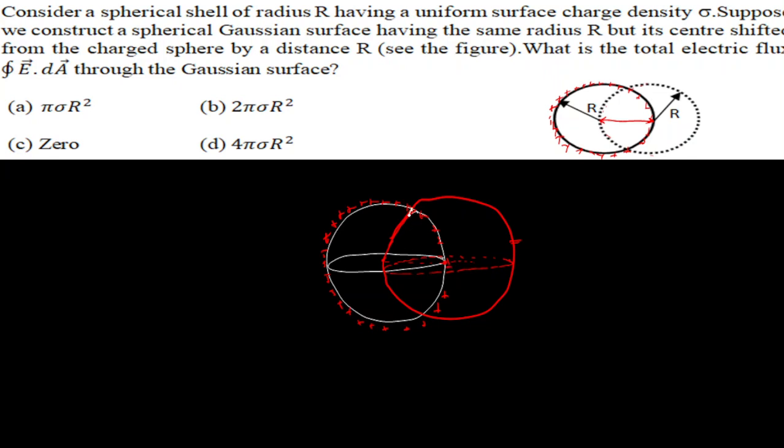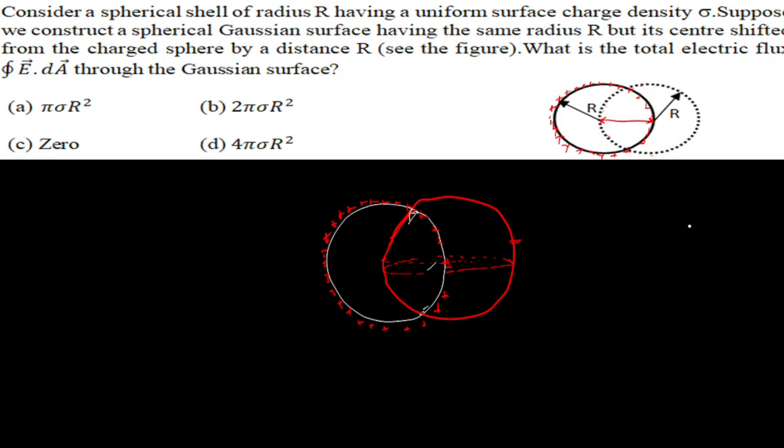The charge on the spherical cap portion of the spherical surface will lie within the Gaussian surface. So we have to calculate the area of this spherical cap portion, and then the charge, since it is uniformly distributed. Once we know the area, we can calculate the flux through the Gaussian surface.